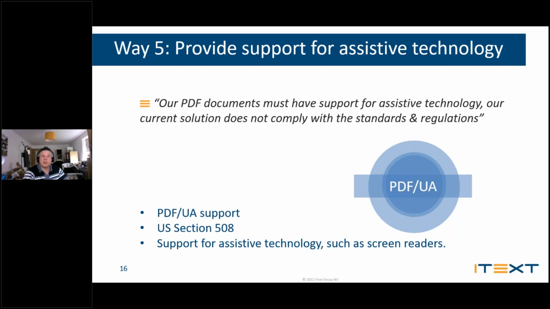So wrapping up, this fifth way of improving the document generation workflow is to enable your colleagues and your customers. Don't limit them, it's the other way around. Empower them, enable them to use documents by having support for assistive technology within your documents.